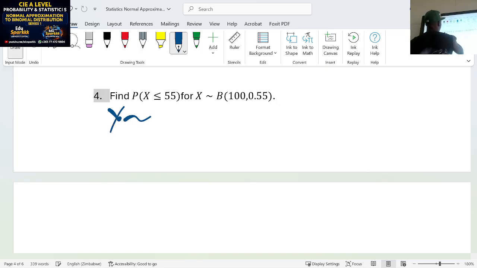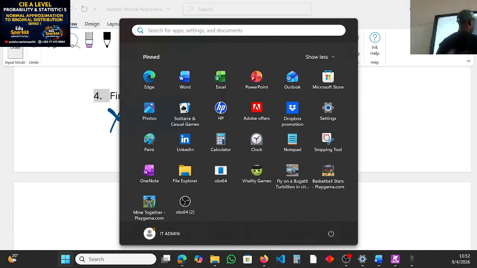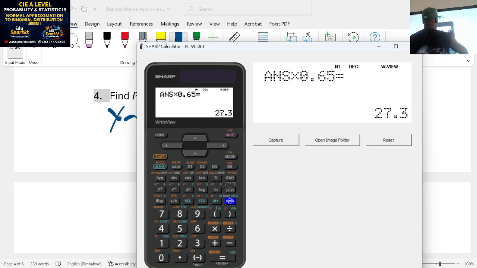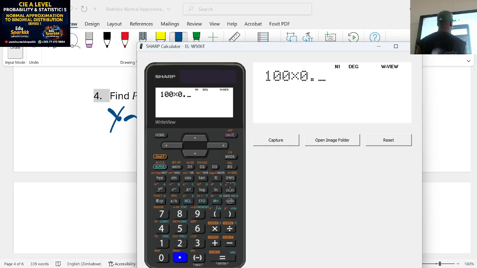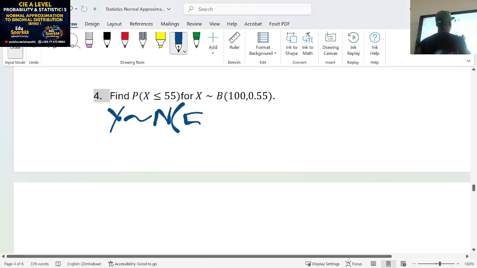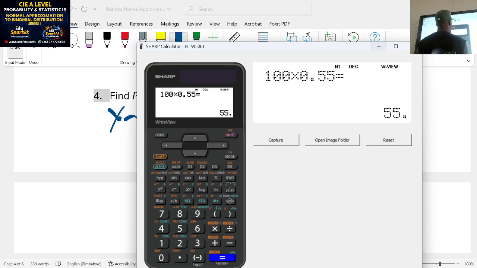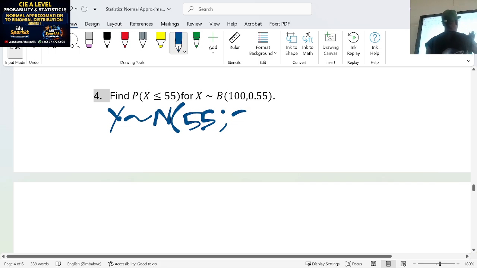We can bring in another variable Y, which is normal with mean 100 times 0.55, which gives 55, and a variance of 100 times 0.55 multiplied by 0.45, which gives 24.75.